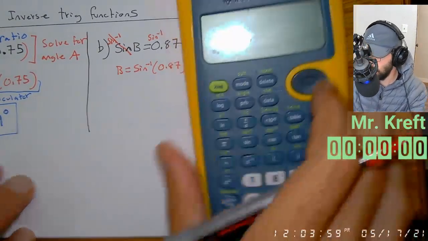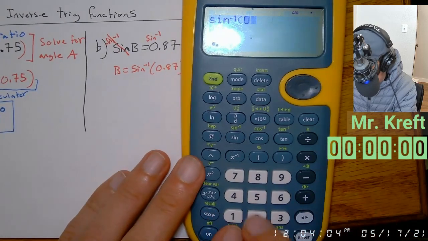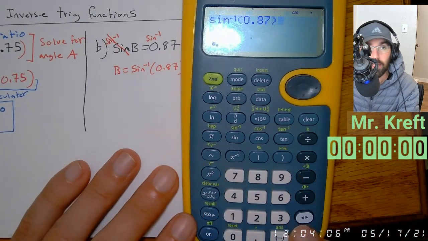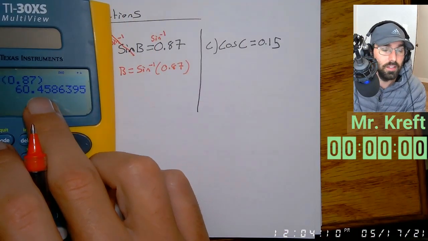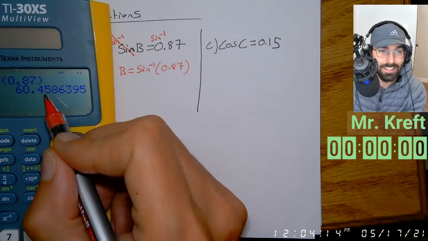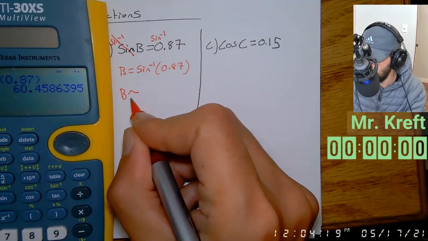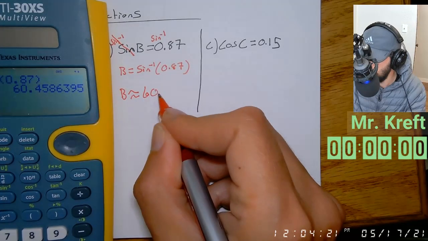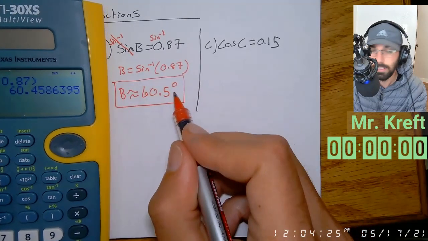So I grab my calculator, and I say, okay, sine inverse of 0.87, and I get, now if I'm rounding this to the nearest tenth, I'm going to go to the first decimal. I'm going to look to the right. It is 5 or higher, so I'm going to round up. So I get B is approximately 60.5 degrees.